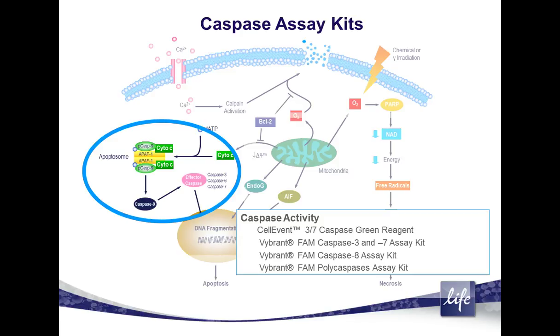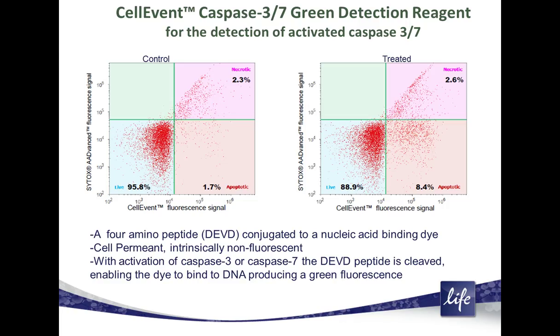And now we'll talk a bit about caspases. These are key components of the apoptotic machinery. We have caspase activity kits to detect caspase 3/7, 8, and a polycaspase. CellEvent Caspase-3/7 Green Detection Reagent is a novel fluorogenic substrate for activated caspase 3 and 7.